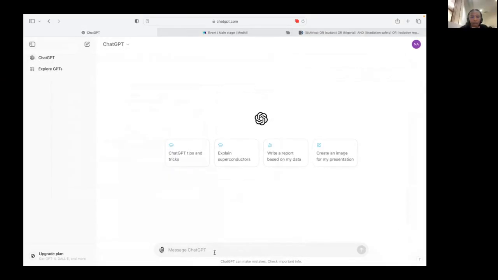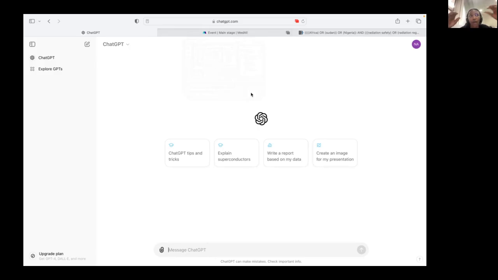Okay. So the other thing that you could do is put a prompt into a generative AI, whichever software.